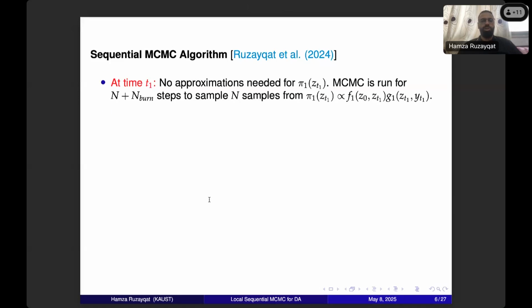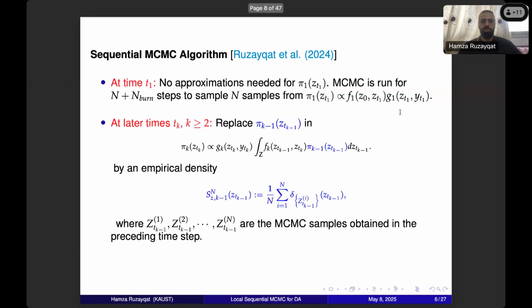So the sequential MCMC algorithm in this paper starts like this. At time one, you run an MCMC algorithm for N plus N_burn steps to sample N samples from the filter distribution at time one. And this is done exactly; there is no approximation for the filter distribution.